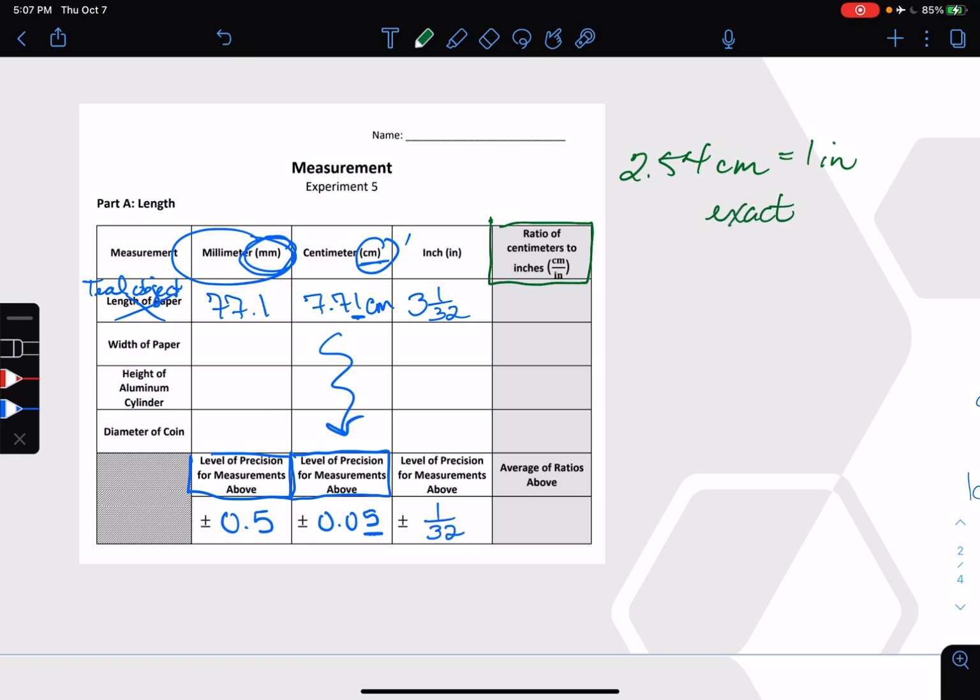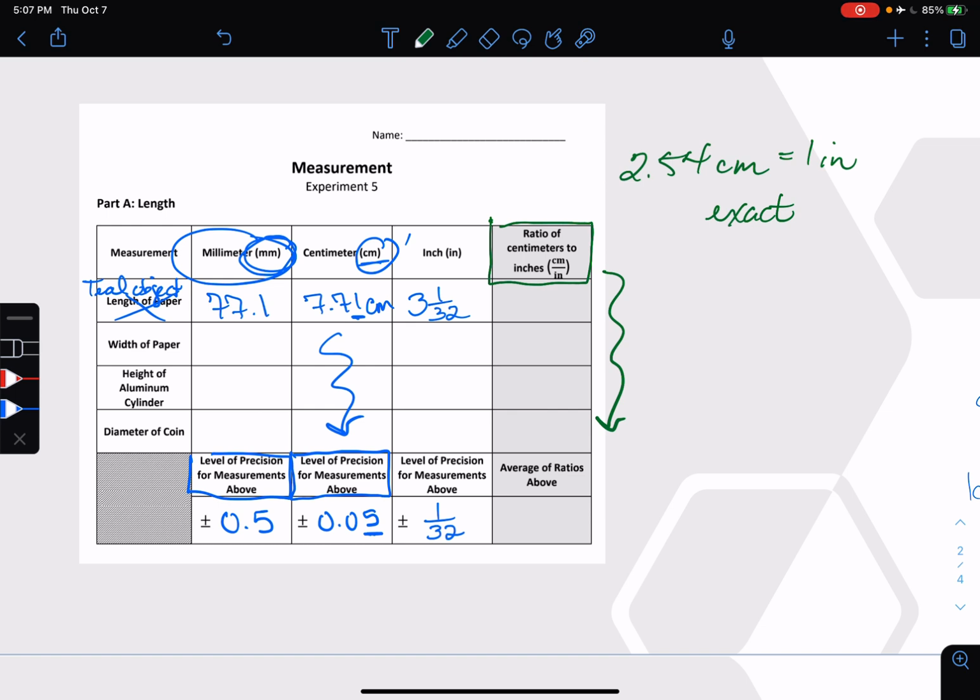So we don't expect you to get 2.54 all the way down the column, because you are new to this class and new to measuring like this. If you get 2.52, 2.54, 2.56, things around 2.54, you're doing a good job. If you get 1.98, I would do your measurements again.